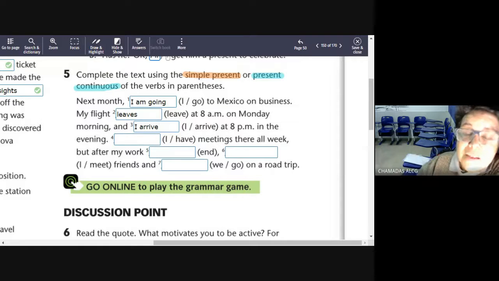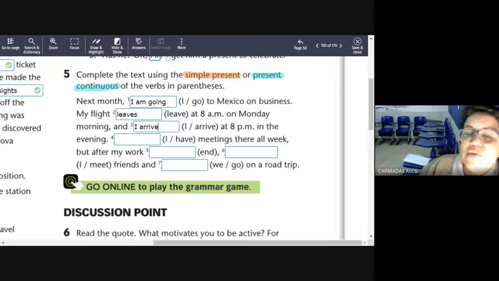If it was possible, we could use "I'm going to have meetings there all weekend," using going to, right? I'm going to have meetings there all week. But in this exercise, we can't use going to or will, right?